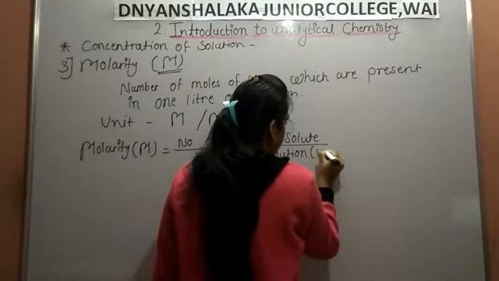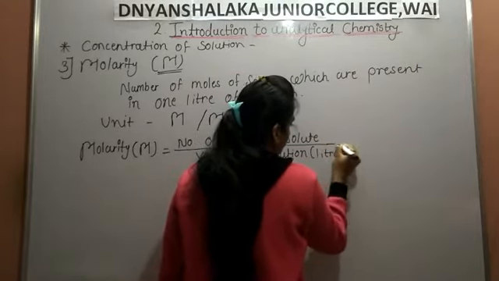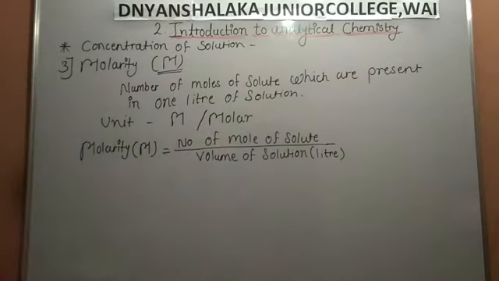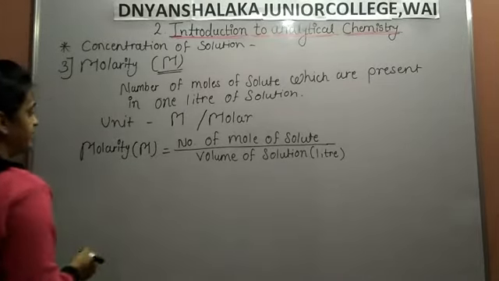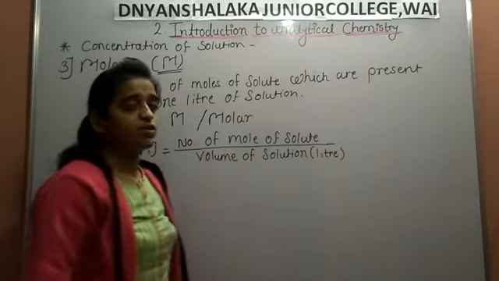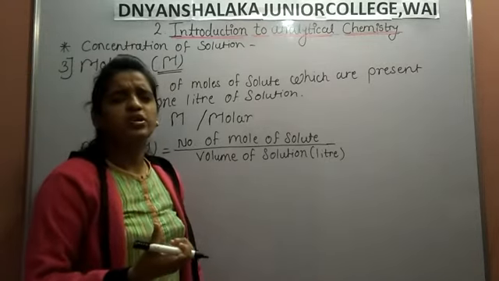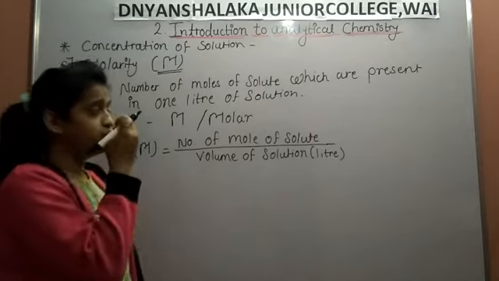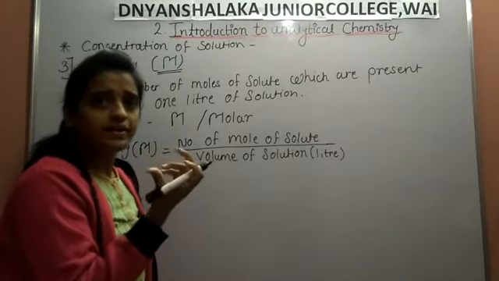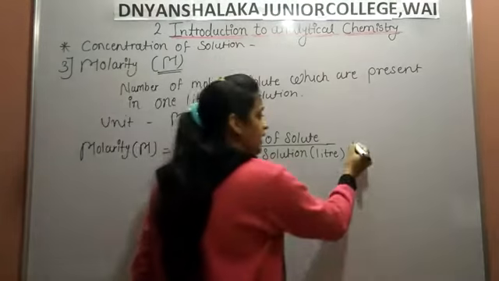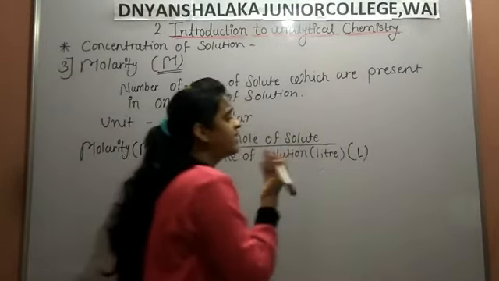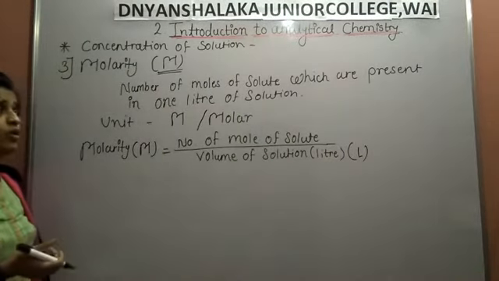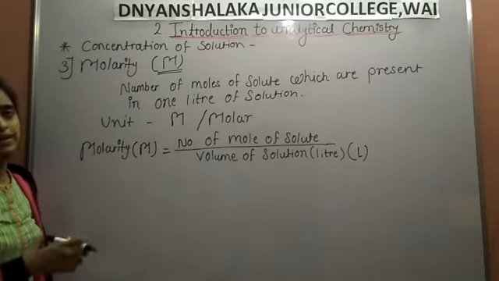So this is the first formula: molarity equals number of moles of solute upon volume of solution in liter. Commonly the volume of solution is in liter, capital L, but sometimes the volume of solution is given in milliliter.